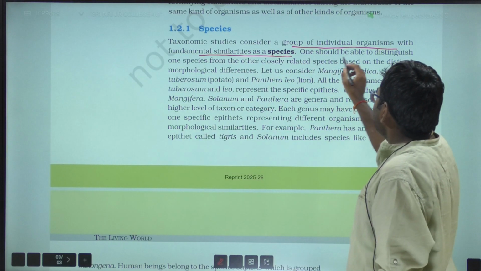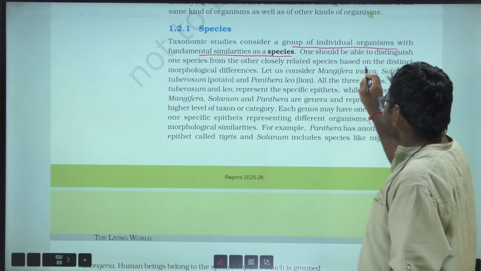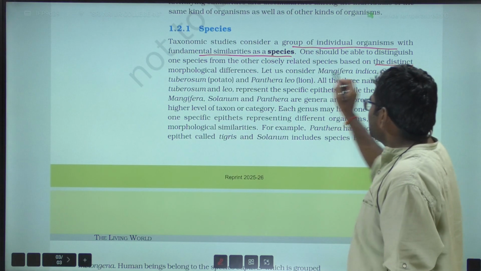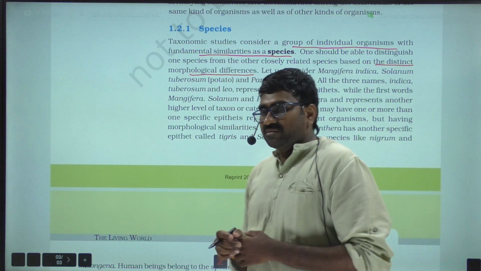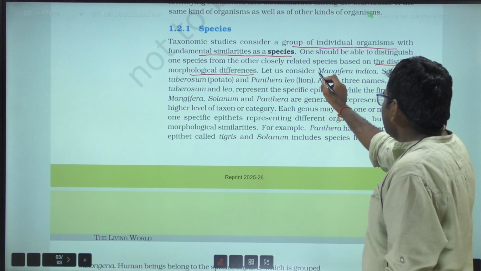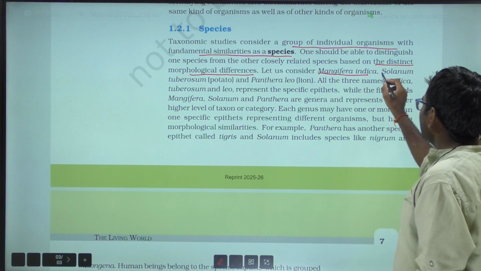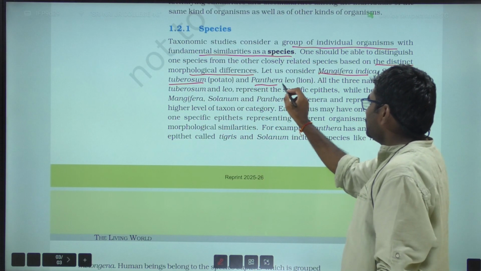One should be able to distinguish one species from other closely related species based on distinct morphological differences. Some examples were given: Mangifera indica, Solanum tuberosum and Panthera leo.